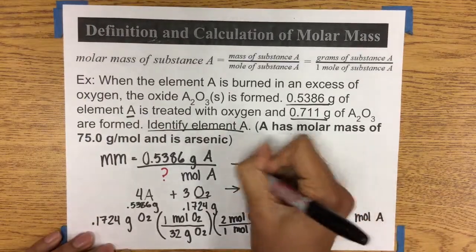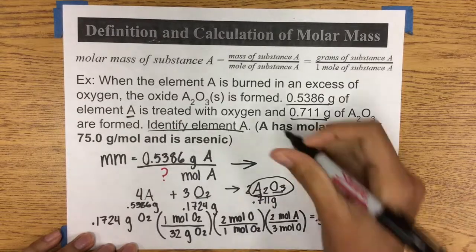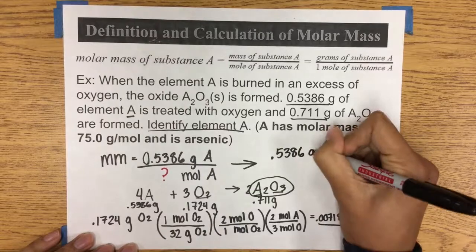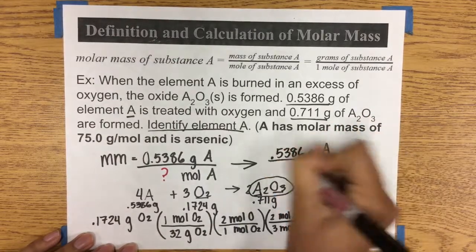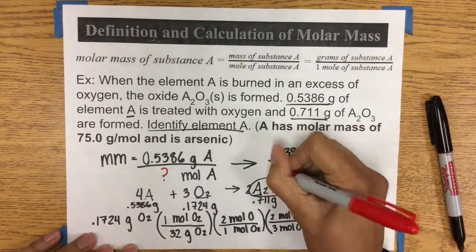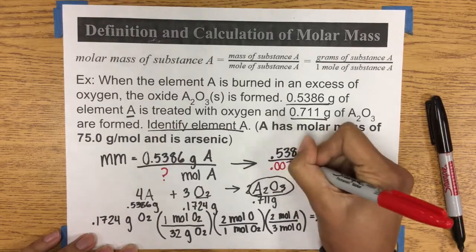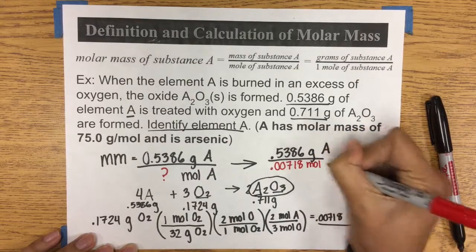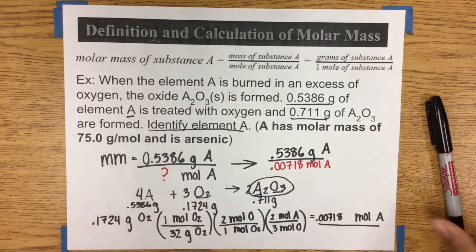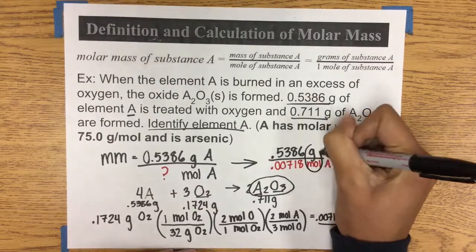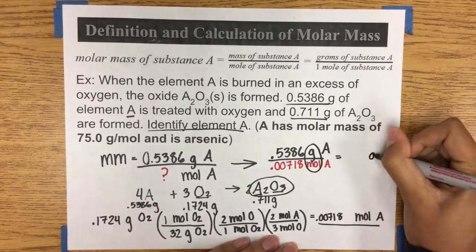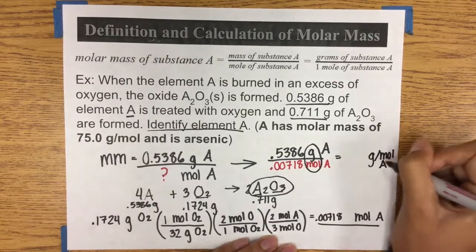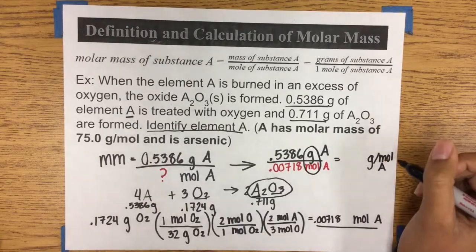Now we have our unknown. So we plug this into the molar mass equation. We have that many grams of A, and now we know this unknown is 0.00718 moles of A. As you can see, our units will end up being in grams per mole of A, which are molar mass units, which will allow us to identify what A is.